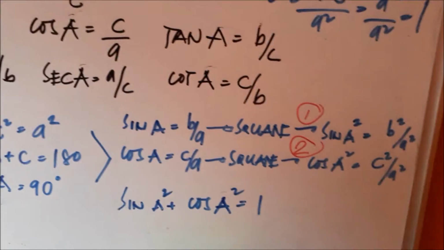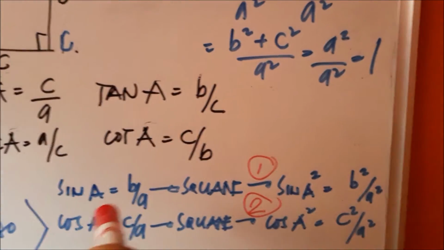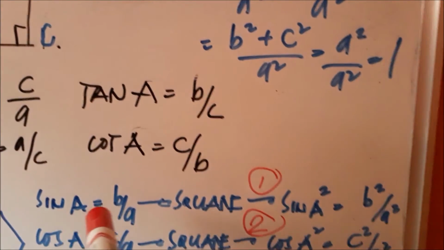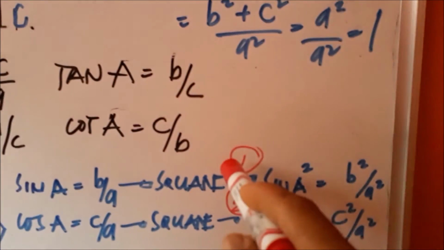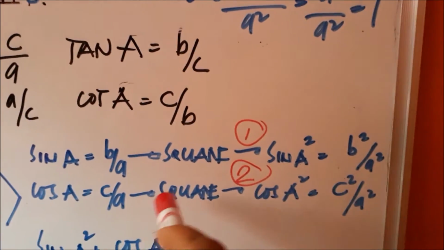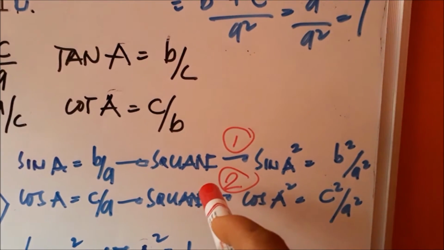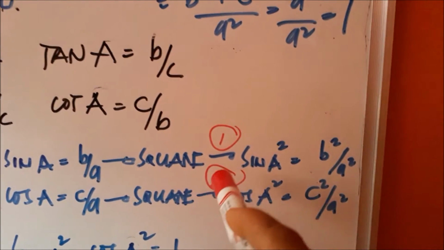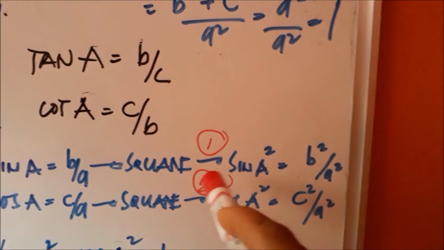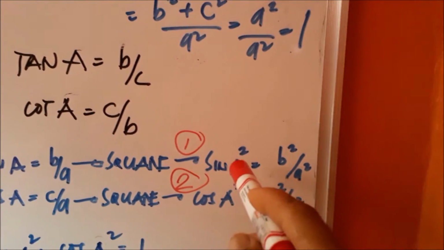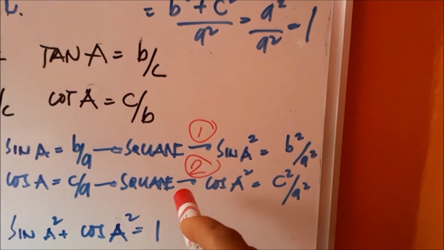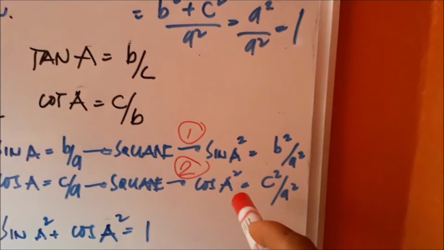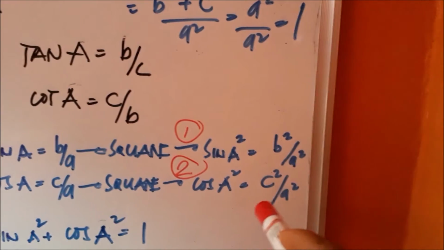Let's call the squared sine A equation 1, and the squared cosine A equation 2. Equation 1: sine A squared is equal to B squared over A squared. Equation 2: cosine A squared is equal to C squared over A squared.